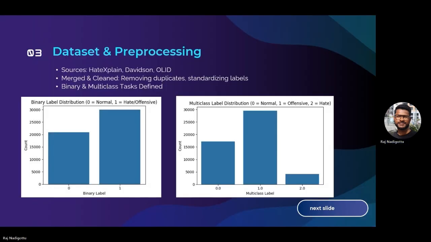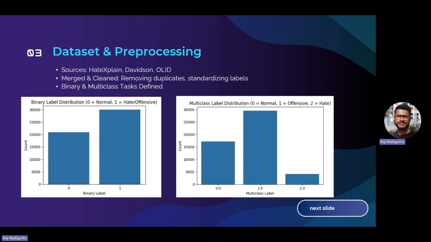About the dataset, we have used three datasets: HateXplain, Davidson, and OLID. I cleaned those datasets and merged them, and we made a combined dataset. After merging, we made two versions of this dataset. One is for binary classification.